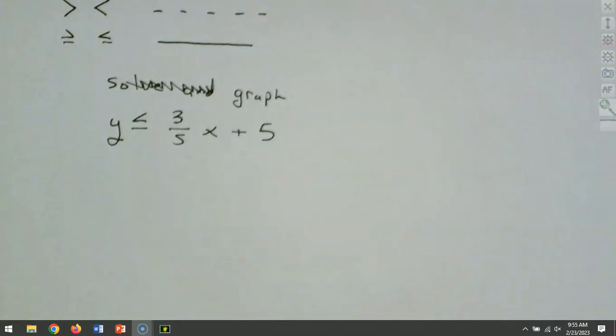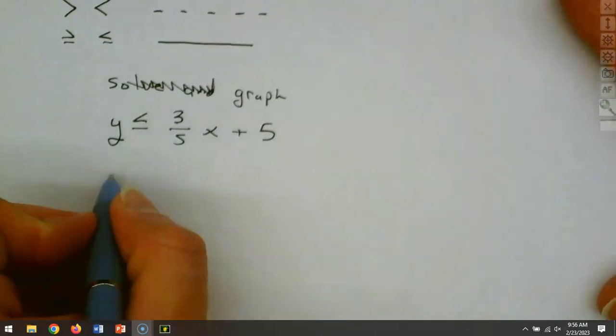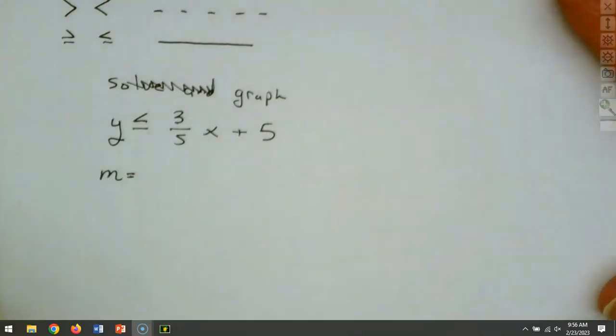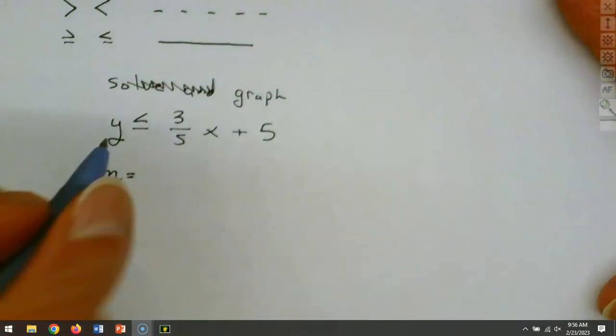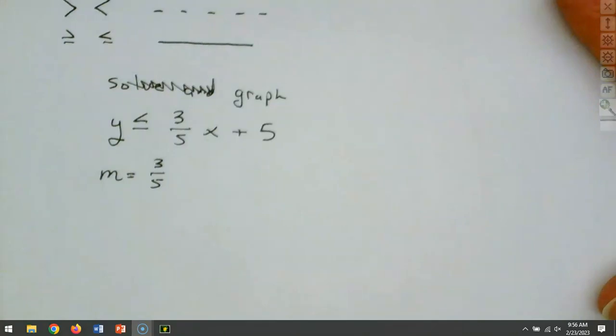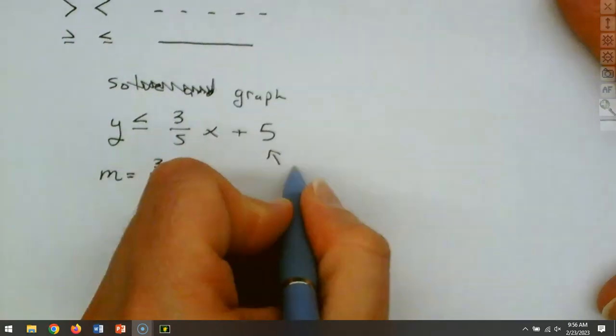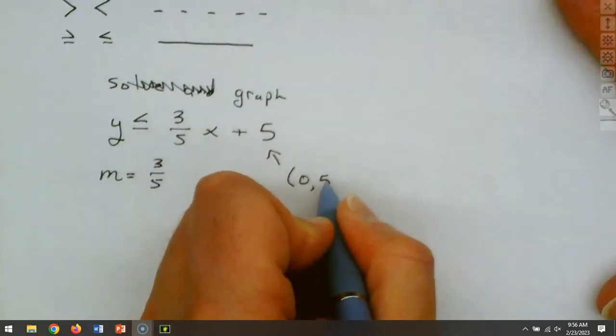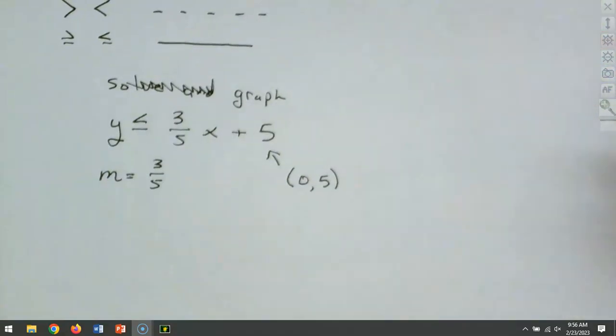But then we have to shade because there is an extra step here. If I want to graph this like it was an equal sign, I need my slope, and it's already been solved for y. So my slope is 3/5. And this 5, that's your y-intercept, so that's your point (0, 5).